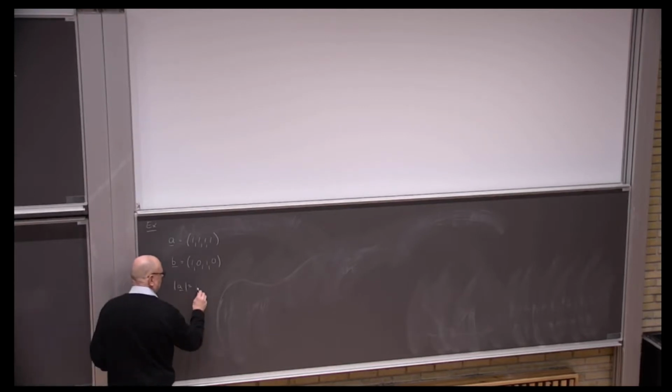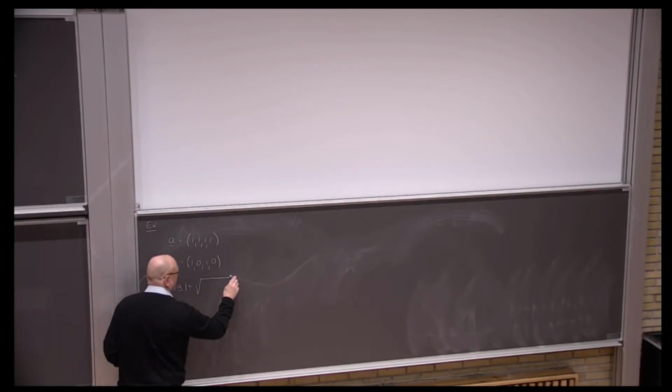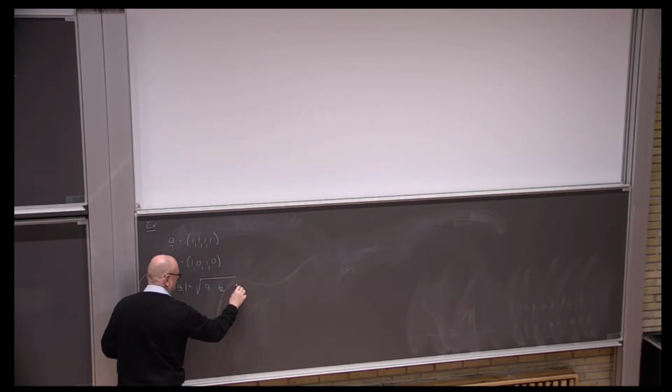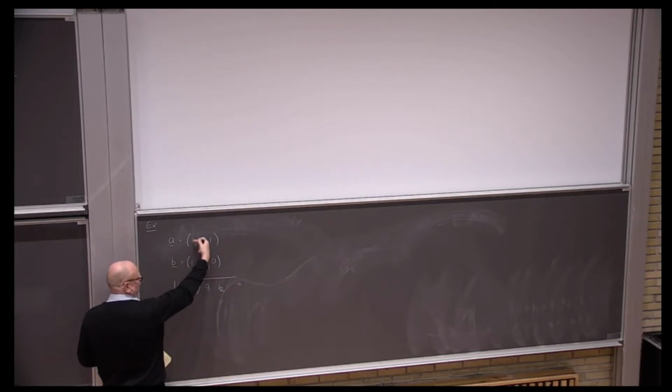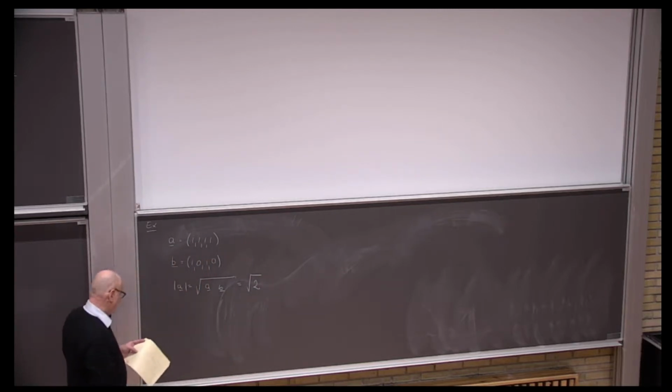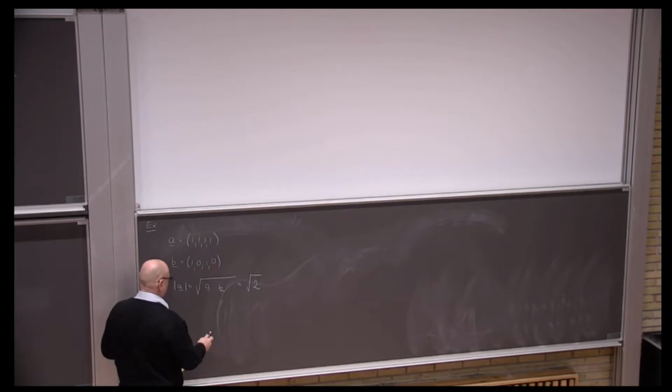So this will be the square root of, say, A dot B. And A dot B, you have to multiply the coordinates: 1 plus 0 plus 1 plus 0. That is the square root of 2. No? This is wrong.